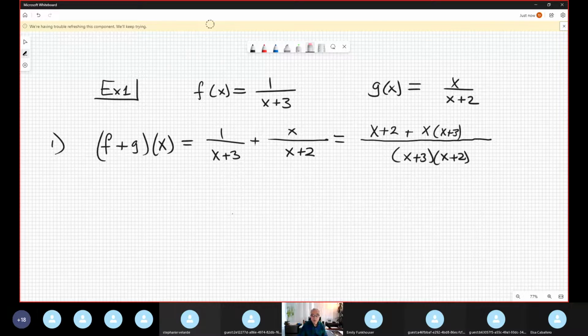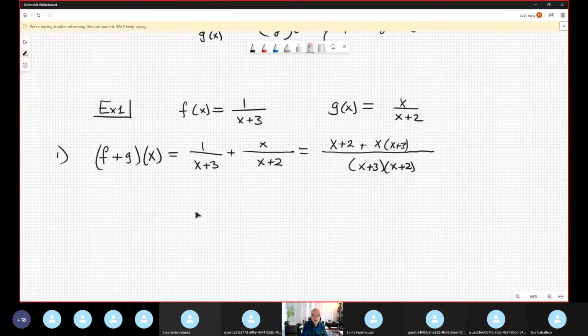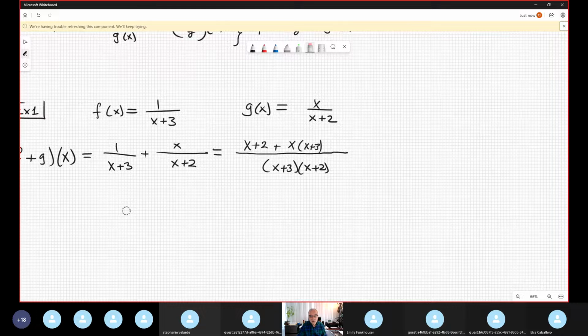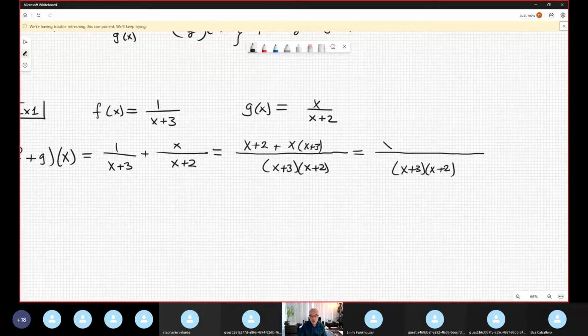Almost I finish. The only thing I should do is apply the distributive property in the top and combine later. x plus 2 plus x squared plus 3x. Okay, cool. Let me combine like terms. The only like terms are this and this together.